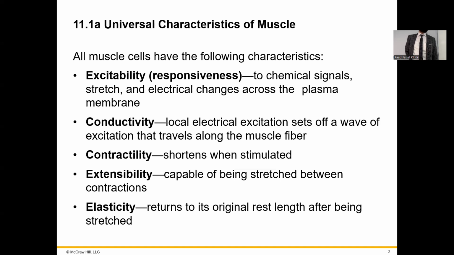So that means the muscle fiber. How many different types of muscle tissue do we have? We have skeletal muscle tissue, the muscles that are attached to your bone. And then you have cardiac tissue, and that is the muscle of your heart.